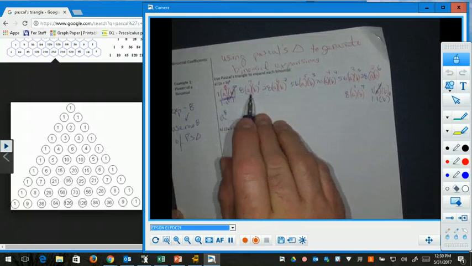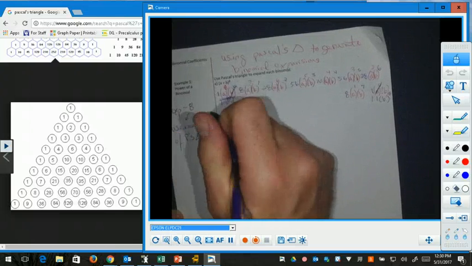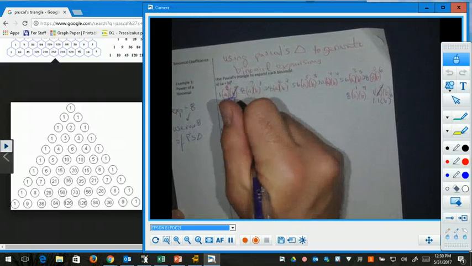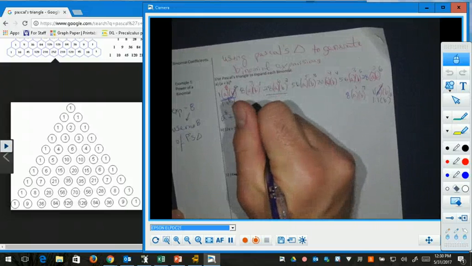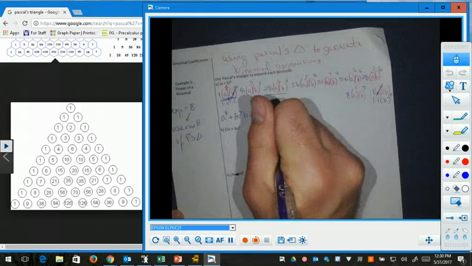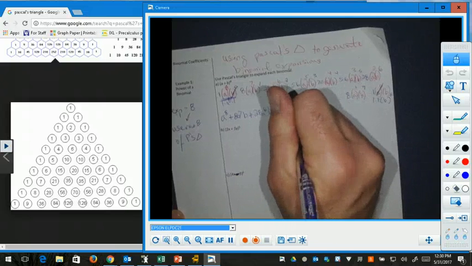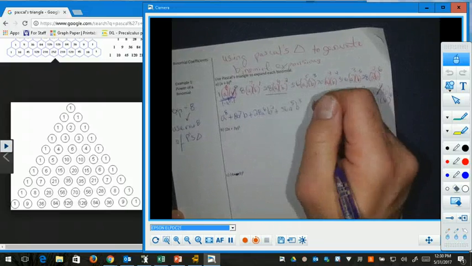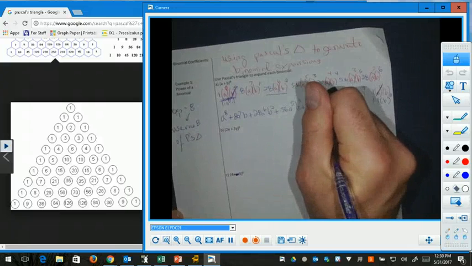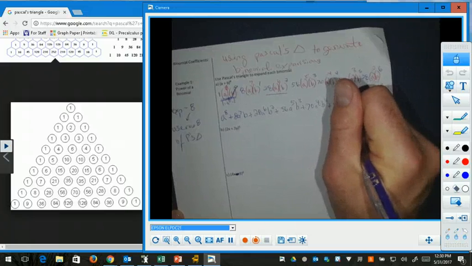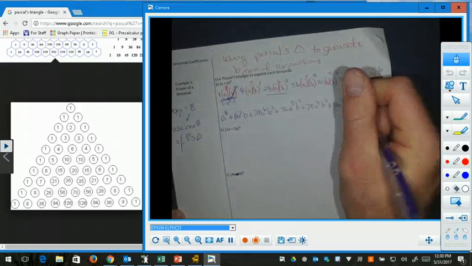This one to 8, this will be a plus sign between these, plus 8a to the 7th b, plus 28a to the 6th b squared, plus 56a to the 5th b cubed, plus 70a to the 4th b to the 4th, plus 56a cubed b to the 5th.